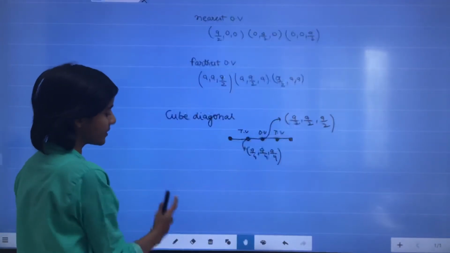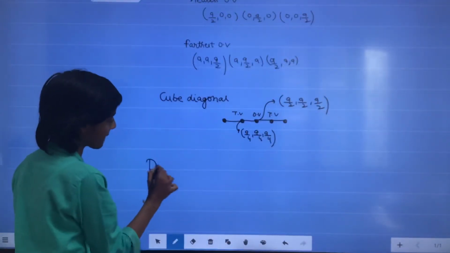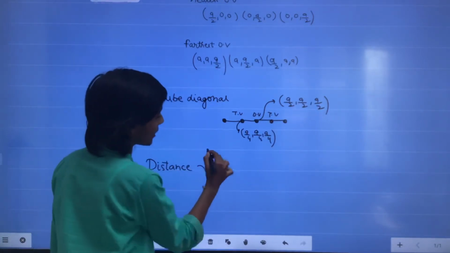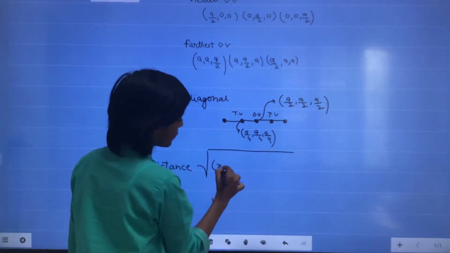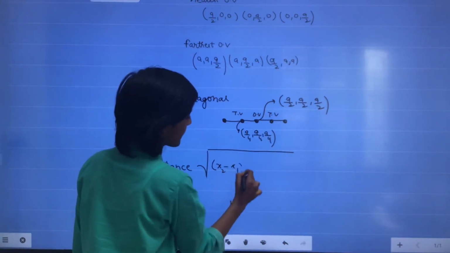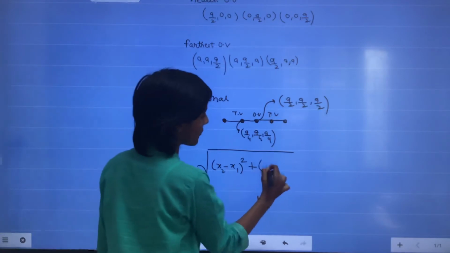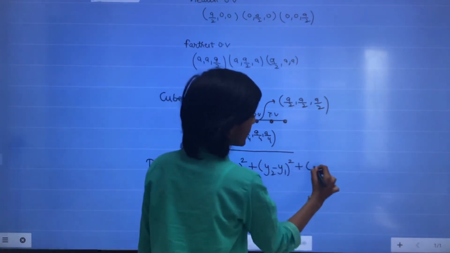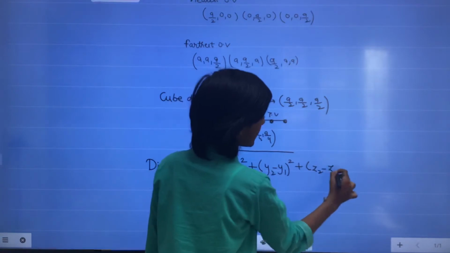then the distance formula will be, as you all know, the whole under root of the square of x2 minus x1 plus the square of y2 minus y1 plus the square of z2 minus z1.